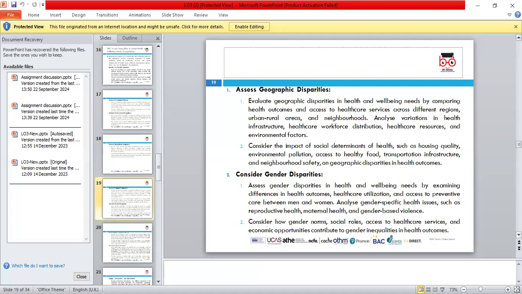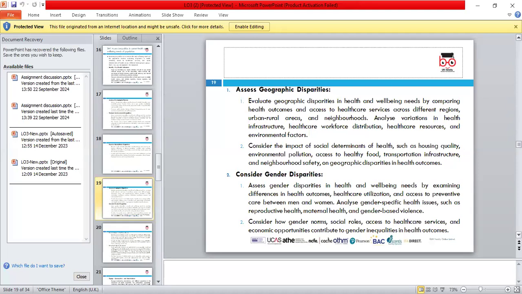The geographic is very important. Evaluate the geographic disparities in health and social care needs by comparing health outcomes and access to healthcare services across different regions, whether urban or rural areas and neighborhoods. Therefore, you have to analyze the variations in health infrastructure, health workforce distribution, healthcare resources, and environmental factors.